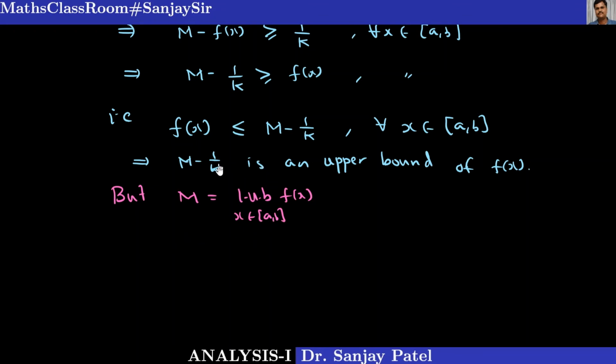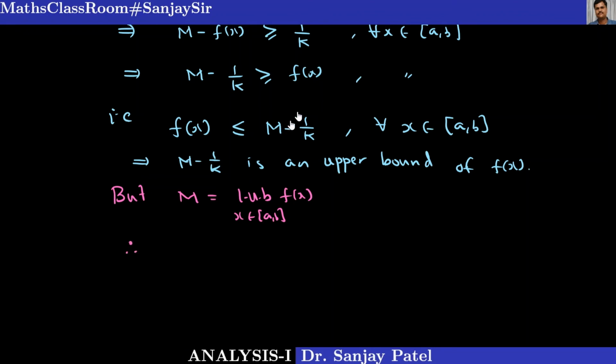And here we are proving that M minus 1 upon k is an upper bound of f(x). Since M is the least upper bound, a number less than capital M cannot be an upper bound. So this is a contradiction to the fact that M is the LUB of f(x).